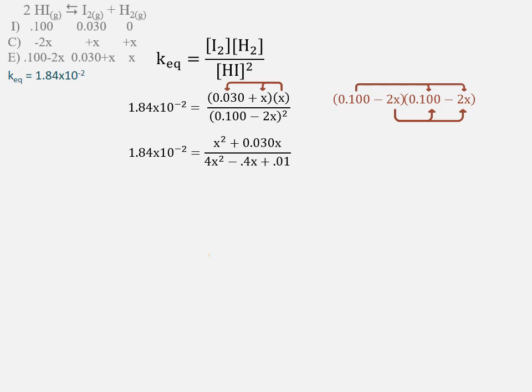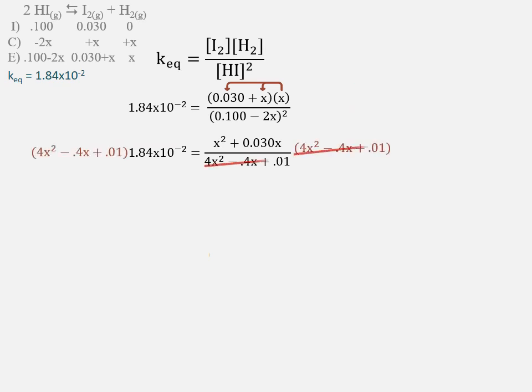My next step will be to multiply both sides by the denominator on the right-hand side. So I'll multiply both sides by 4x squared subtract 0.4x plus 0.01, and that will give me this. Now I'm going to distribute 1.84 times 10 to the negative 2 into the brackets.